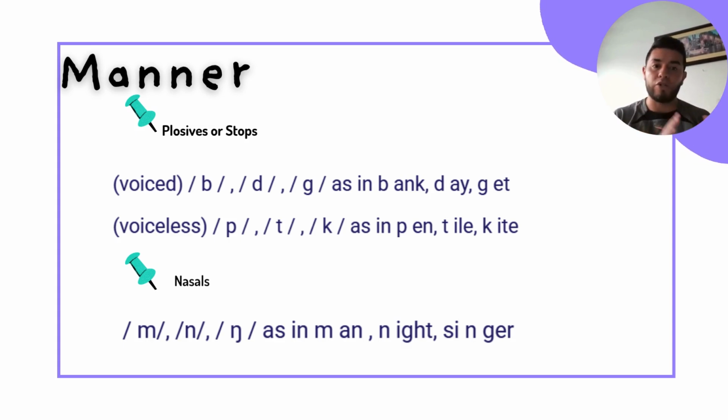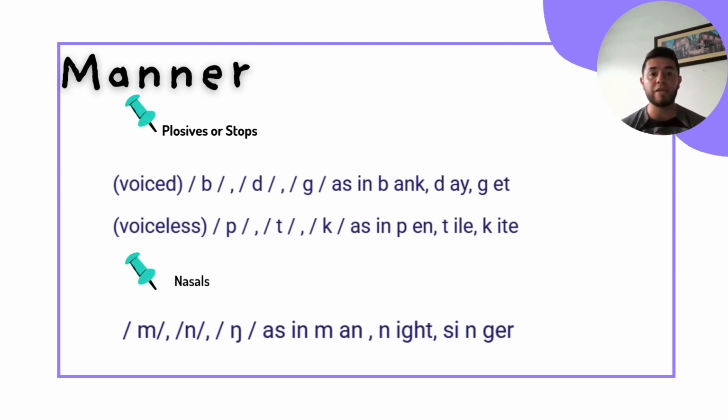The plosives or stops. That means we cut the air in this part. But here we have two parts: the voiced and the voiceless. The voiced are, for example, b, d, g. The voiceless is without any vibration in the throat, right?